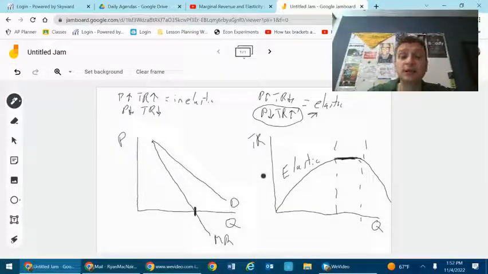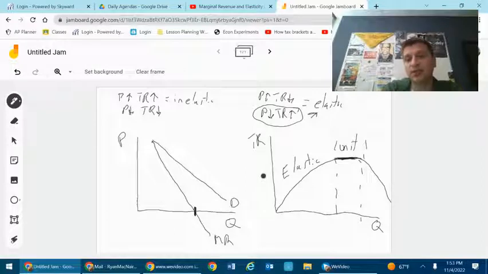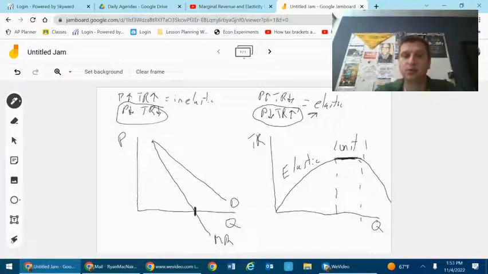Where it flatlines and total revenue doesn't change with the price change, that is unit elastic. And where a price decrease decreases total revenue, that's this. That means we are inelastic. If we apply that knowledge over to the demand curve, we use our marginal revenue as our dividing line where that hits the x-axis, because that corresponds to this area where it's unit elastic.